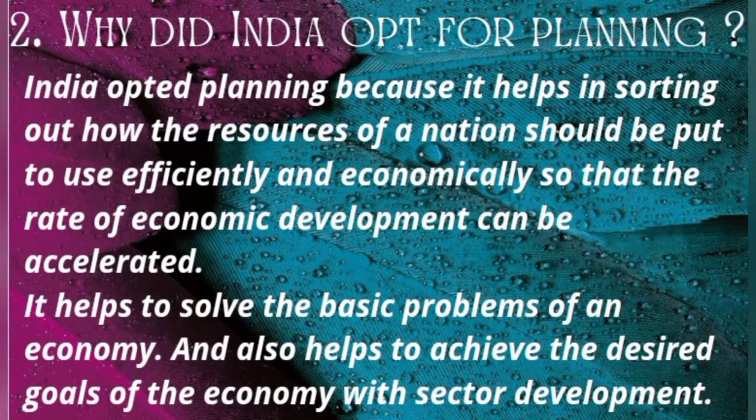Here, economically means saving time and cost. Planning was opted because it allows optimal utilization of resources, which becomes economical, accelerates growth, solves the basic problems of the economy and helps the country to achieve the desired goals.